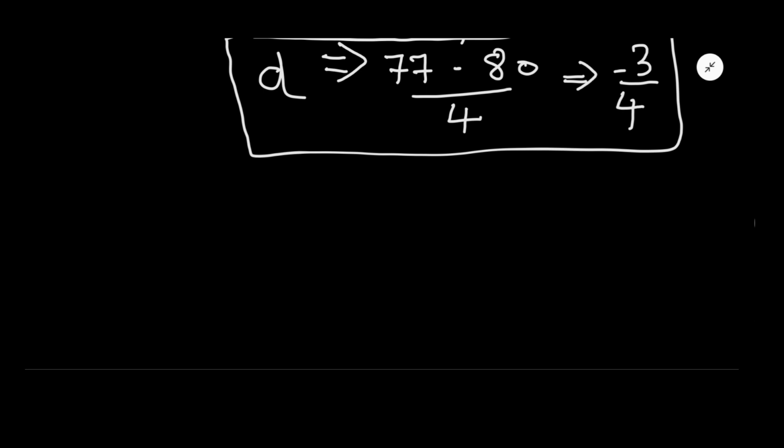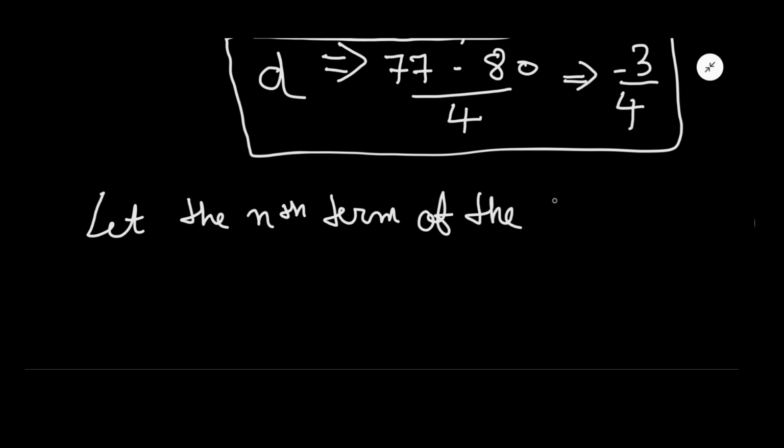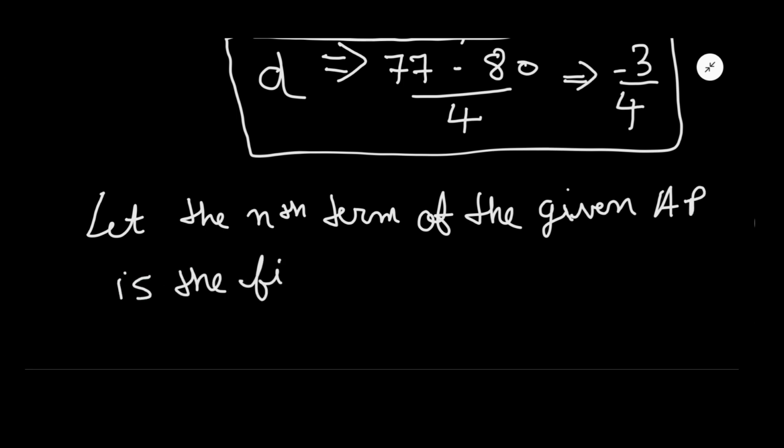So they want us to find the first negative term of the given sequence. So we have to suppose that the nth term of the given AP is the first negative term.